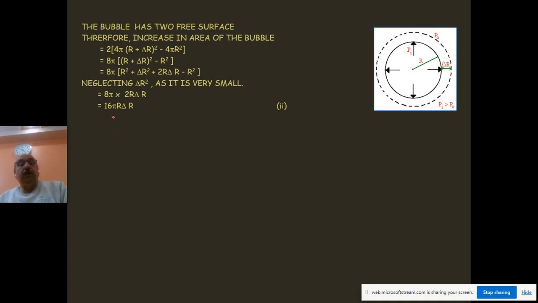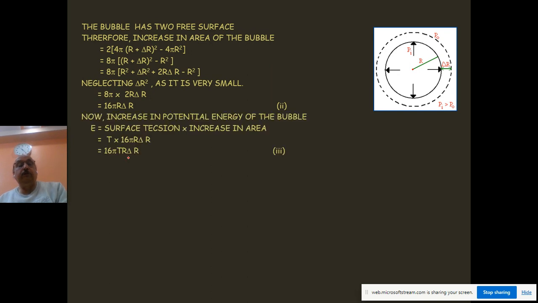Then if we equate equation 1 and equation 2, that is 4 pi P R square delta R, that is work done, and this is the surface energy.